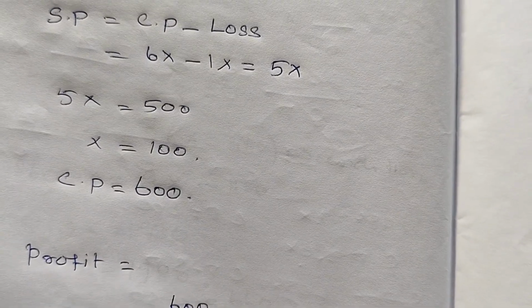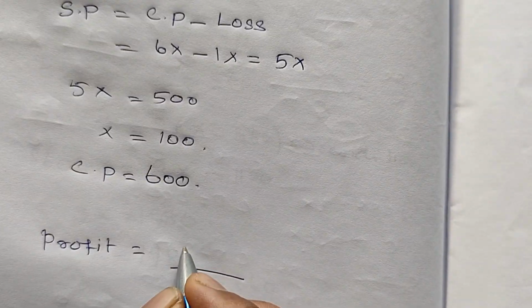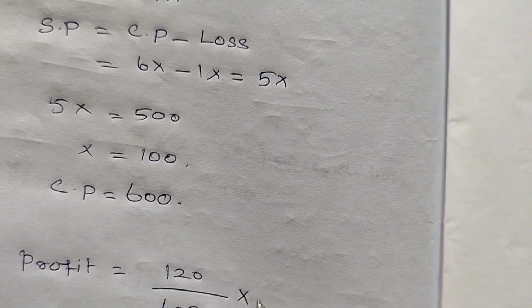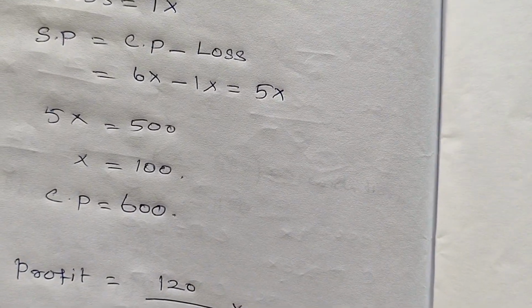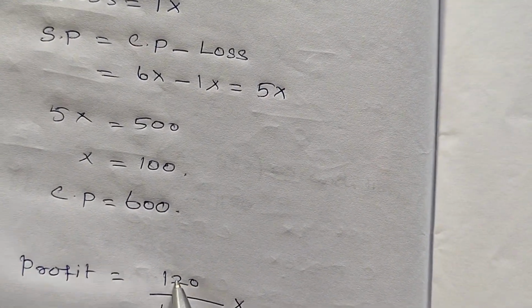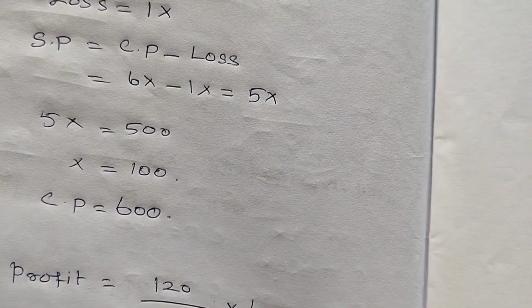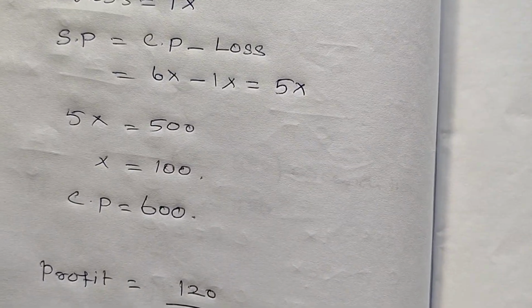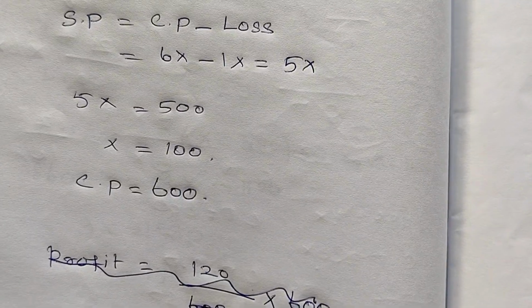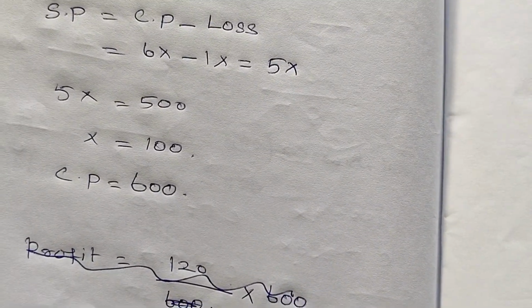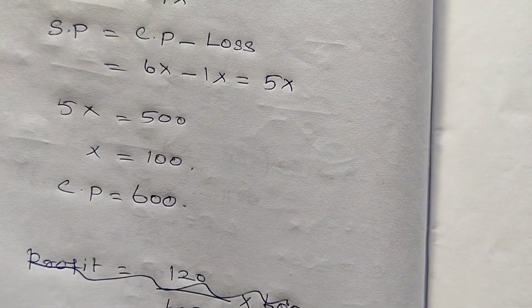So the cost price is 600. Selling price equals (100 plus profit) divided by 100 into cost price, that is 120 divided by 100 into 600.